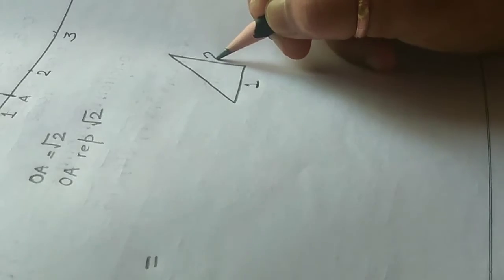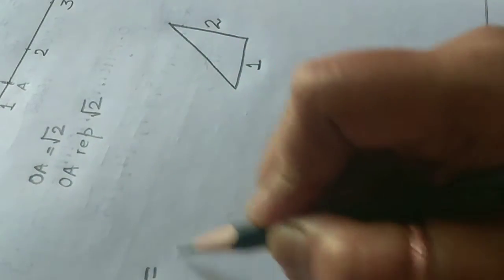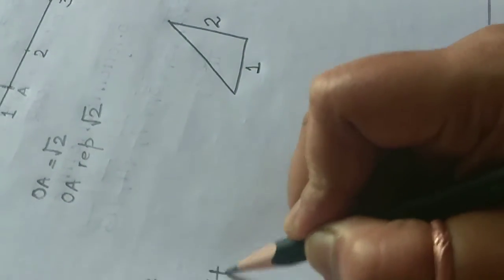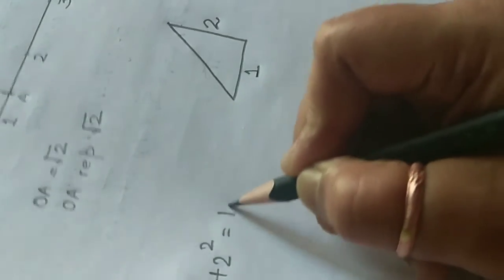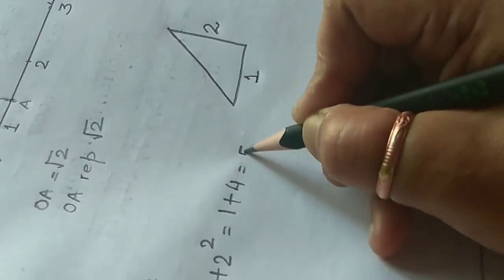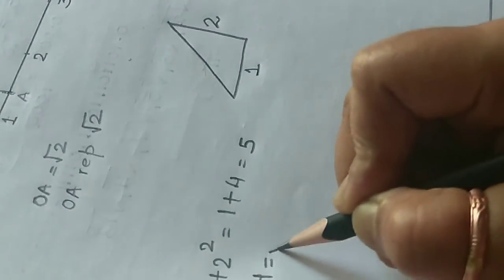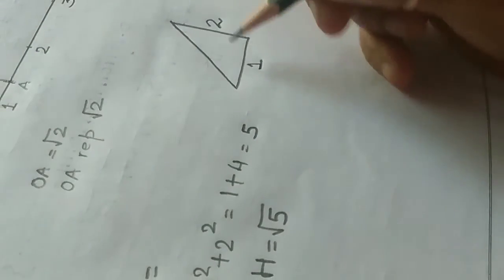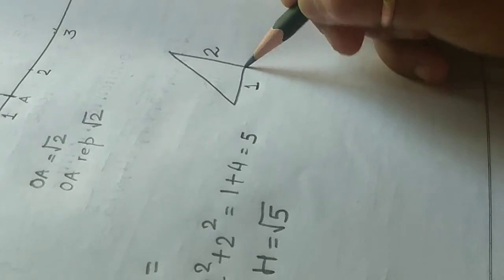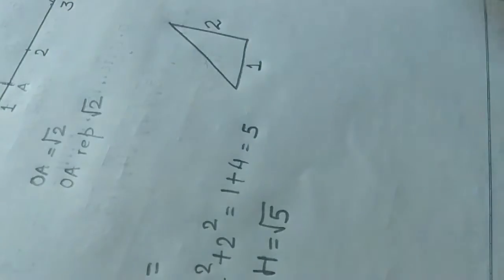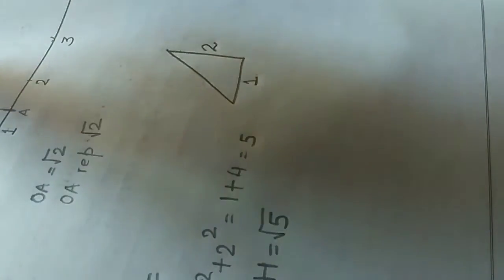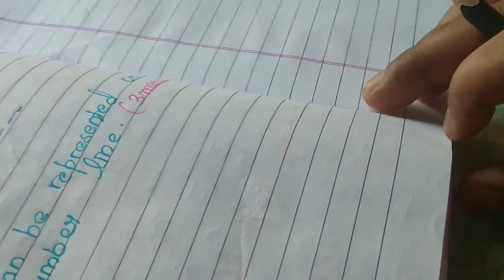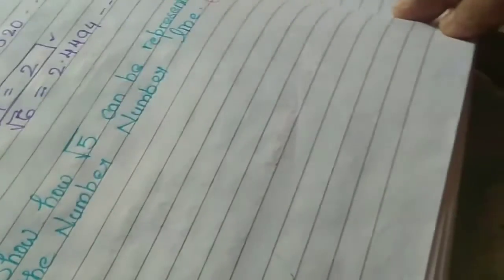That is 2 squared. So 1 square plus 2 square, that is 1 plus 4, that is 5. So our hypotenuse will be root 5. So we have to take 1 unit here and 2 units here. It's up to you; if you want 2 units here and 1 unit here, that also we can take. So let us start this.